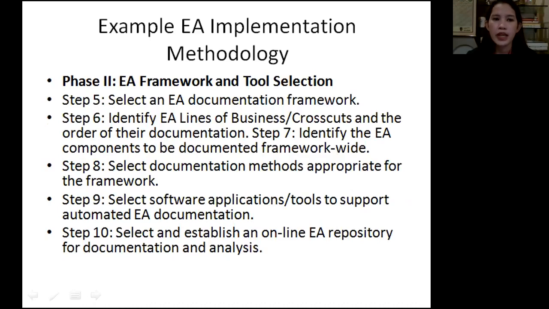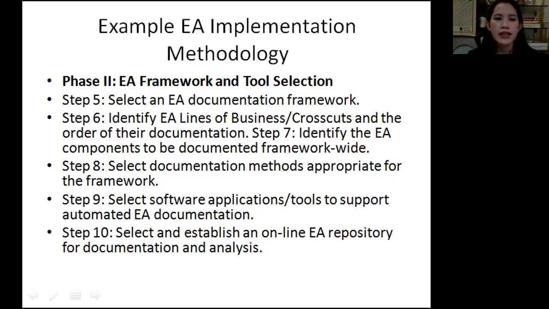Phase 2 is EA framework and tool selection. It involves step 5, select an EA documentation framework. Step 6, identify EA lines of business or crosscuts and the order of their documentation. Step 7, identify the EA components to be documented framework-wide.